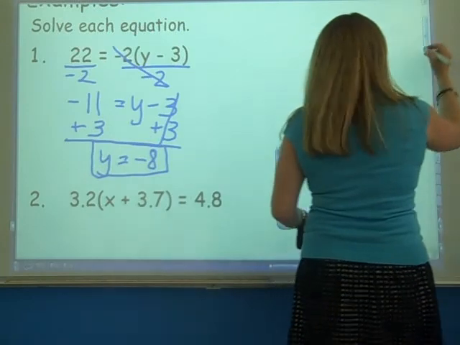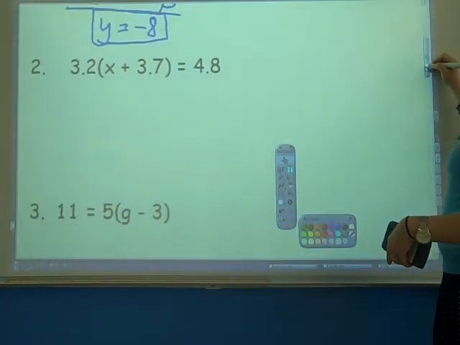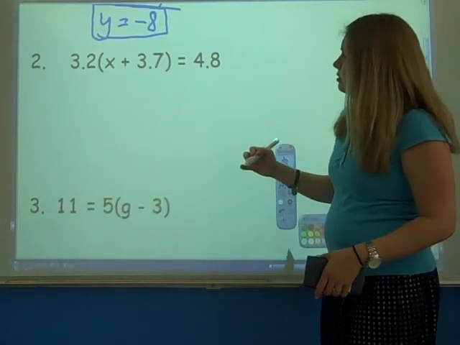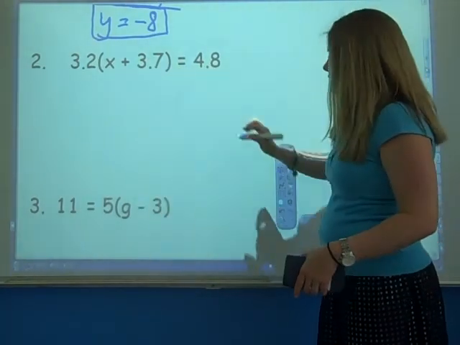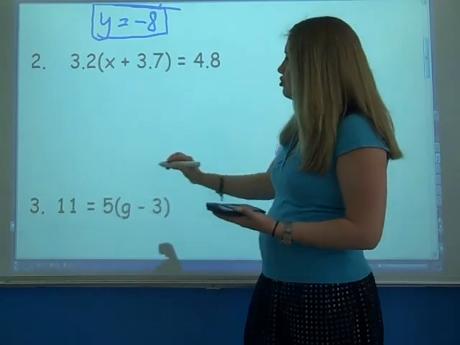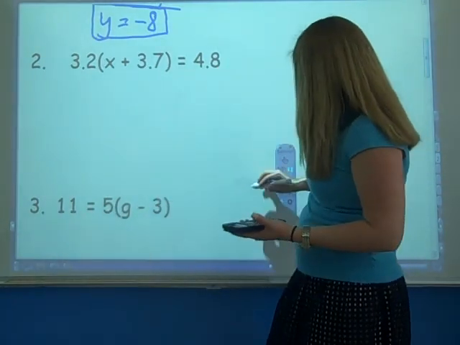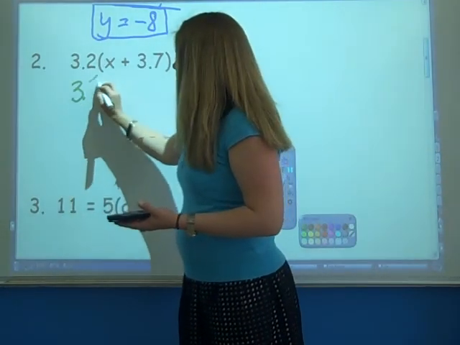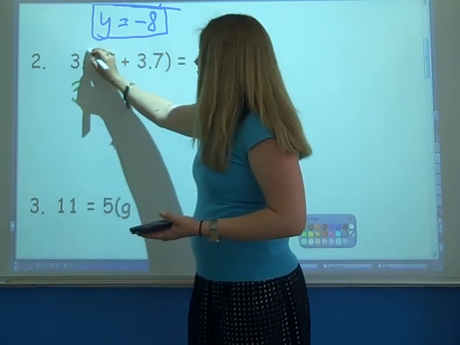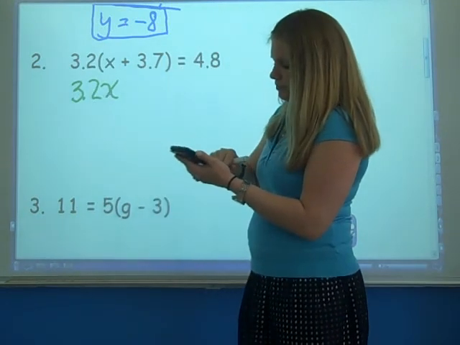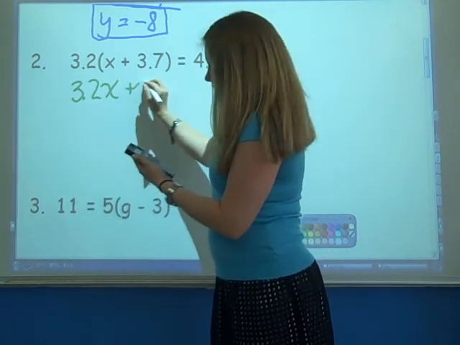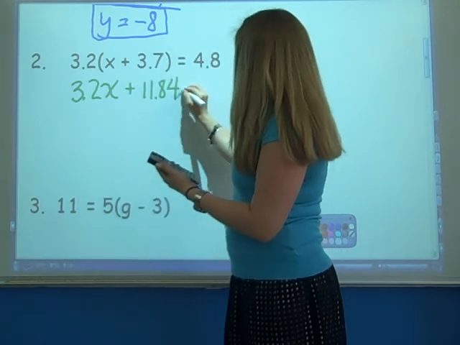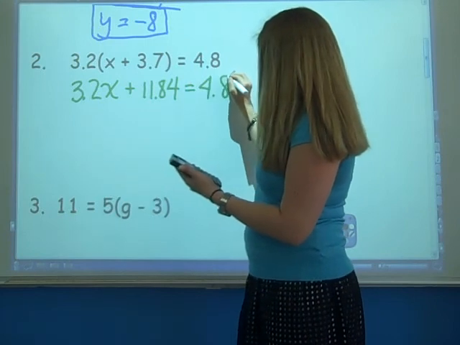Okay, let's try another one. 3.2 and 4.8, they're not divisible. This one does not easily go in. So I'm going to distribute my 3.2 to both terms inside here. Then 3.2 times 3.7 is 11.84, equals 4.8.